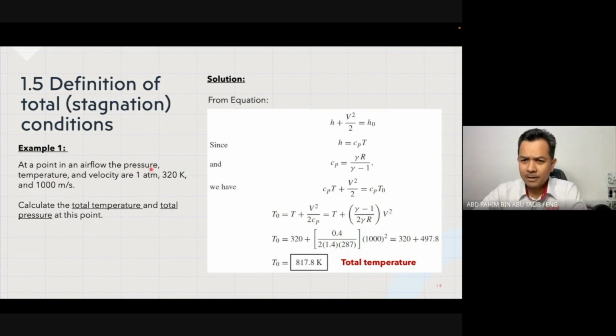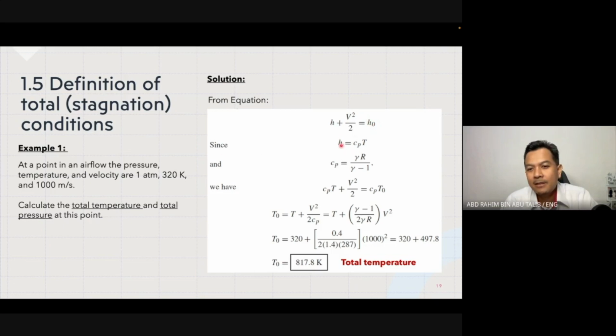From the earlier equation, we have h plus the velocity squared over 2 equal to h naught, the total enthalpy.